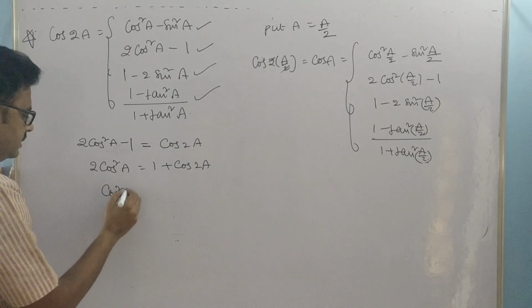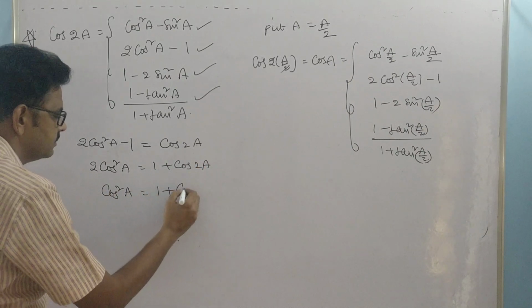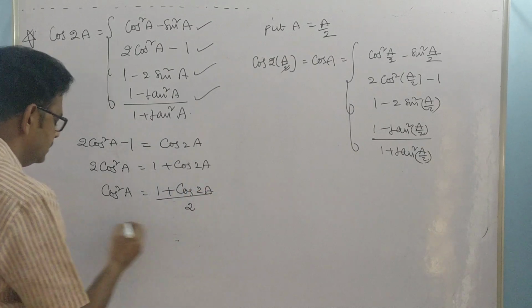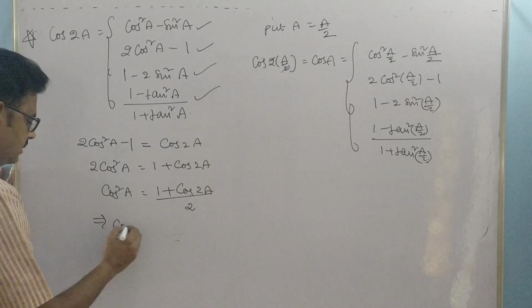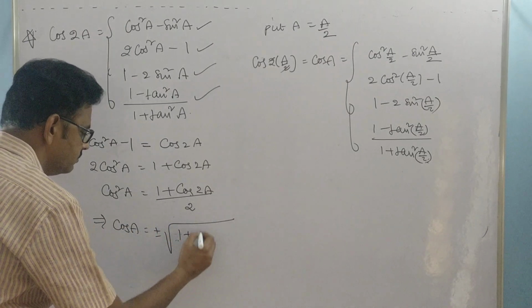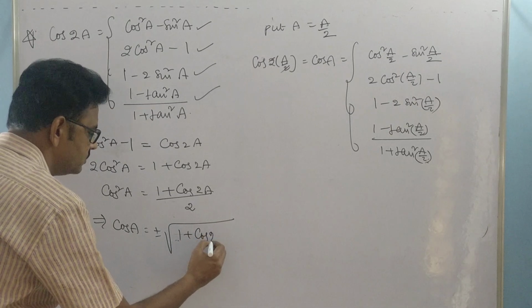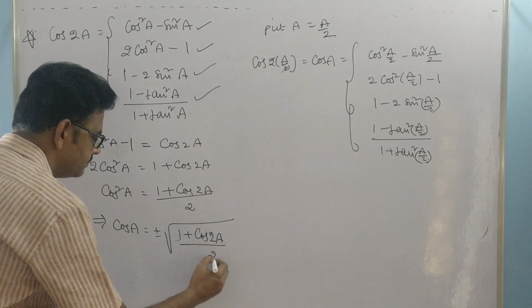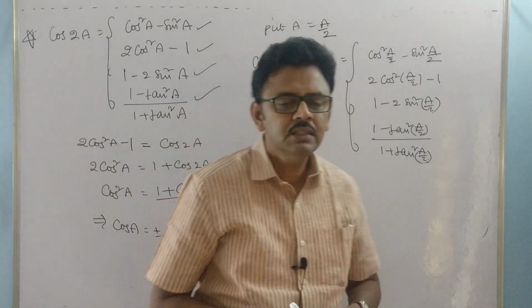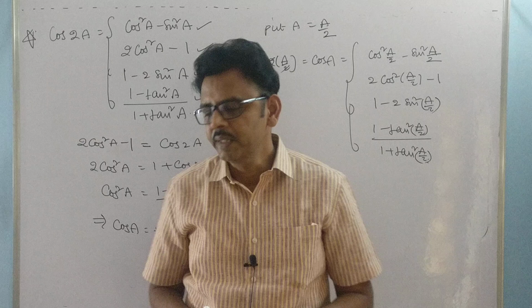So cos square A is equal to 1 plus cos 2A by 2, which implies cos A is equal to plus or minus root of 1 plus cos 2A by 2. So this is one formula. Either you can take plus or minus, depending on the quadrant.